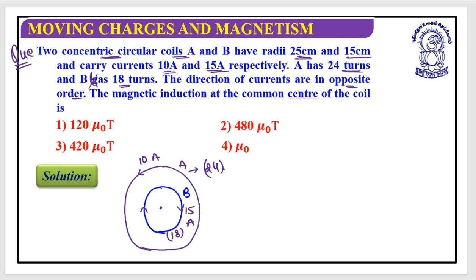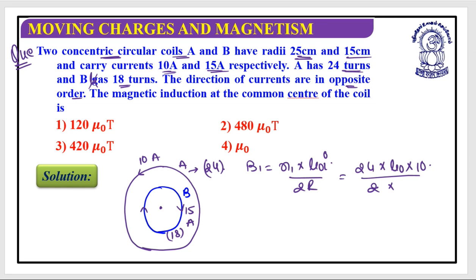Now the magnetic induction at the common center, B1, is equal to N1 multiplied by mu naught into I divided by 2R. So it's 24 multiplied by mu naught into I, that is 10 ampere, divided by 2 into its radius, 25 centimeter for the first.